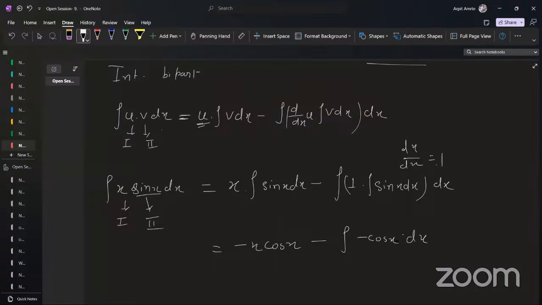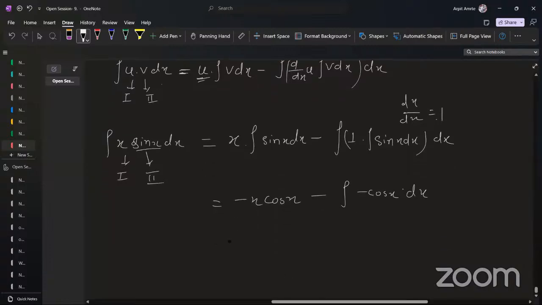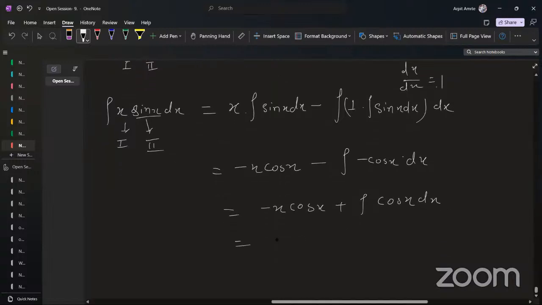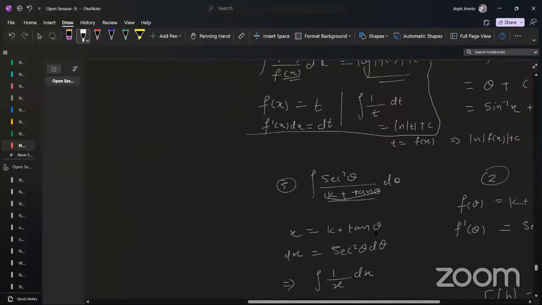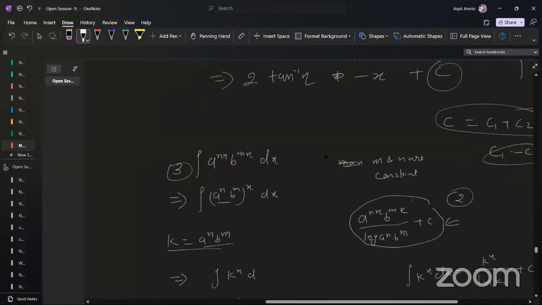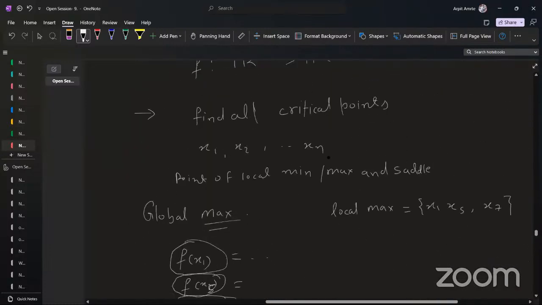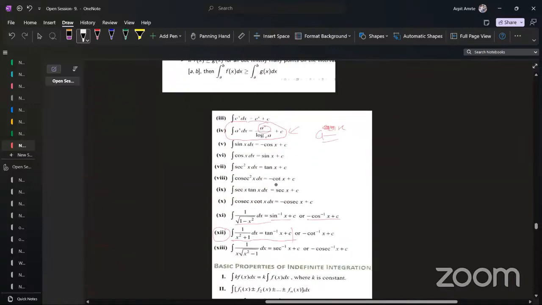Now do the integration again. It will be minus x cos x, and because of the minus sign, plus the integration of cos x dx. What is the integration of cos x? It is sin x.